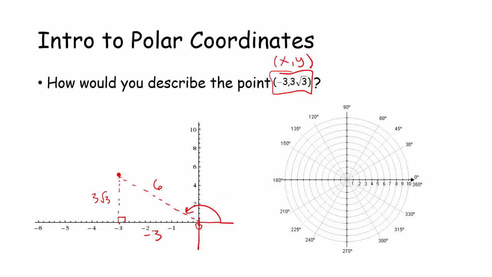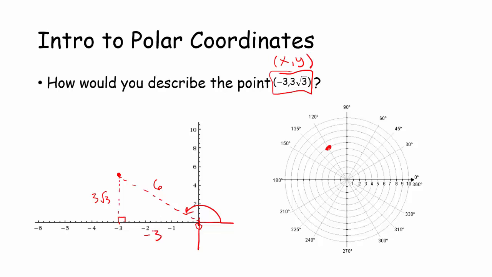So if I went 6 units out from the origin and then spun around 120 degrees, that location on the coordinate plane is the same location as the -3, 3 root 3.